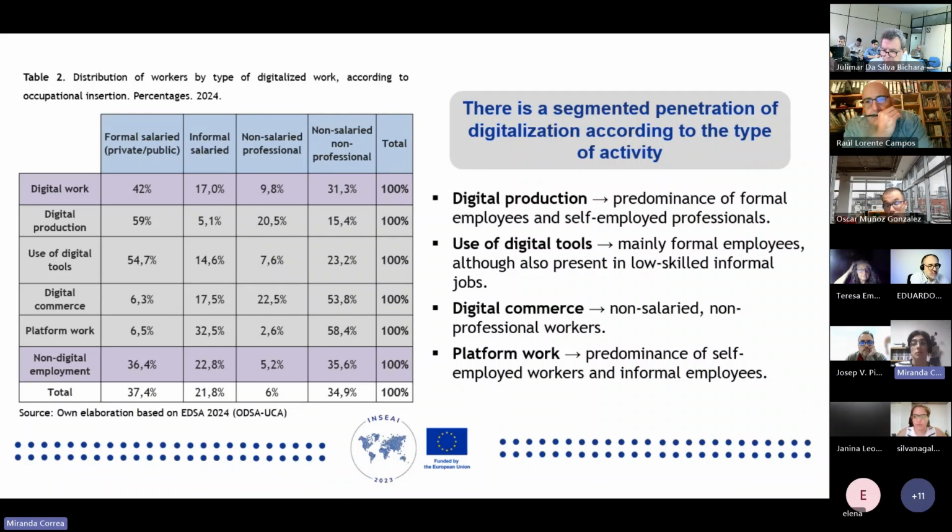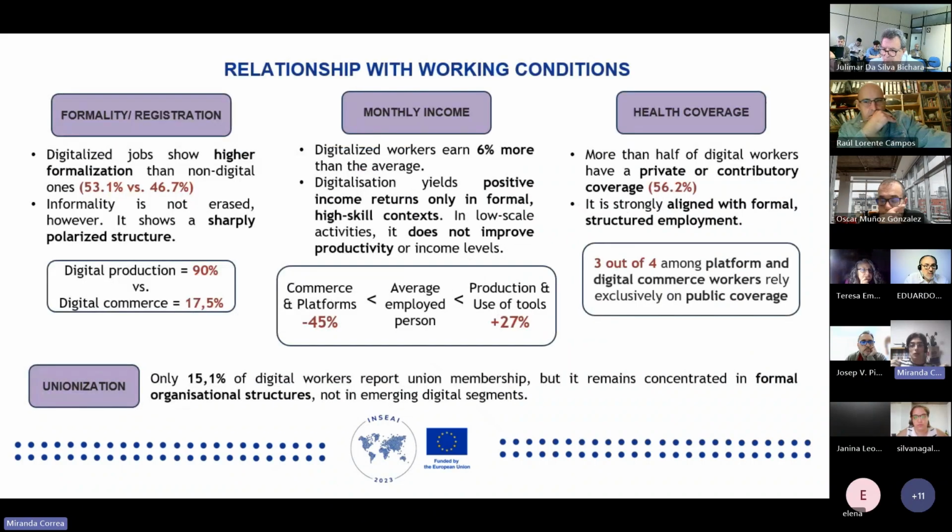Digital commerce is dominated by non-salaried and non-professional workers, and lastly, platform work like delivery, transport, or on-demand services shows a strong presence of informal employees and low-skilled self-employed workers. So digitalization does not homogenize work, but reproduces existing divides. And we think that understanding this is key because these divides shape the working conditions that these workers can access.